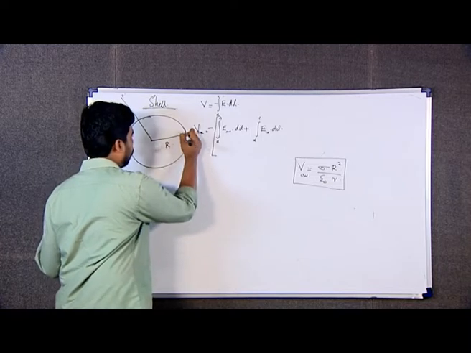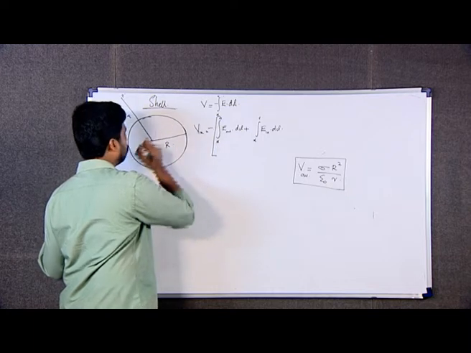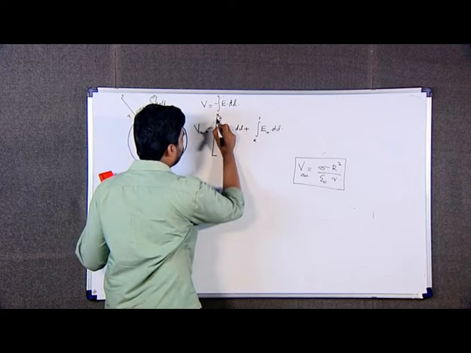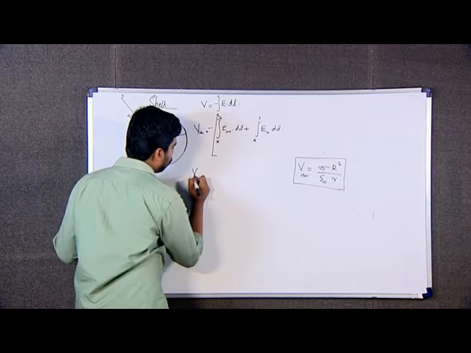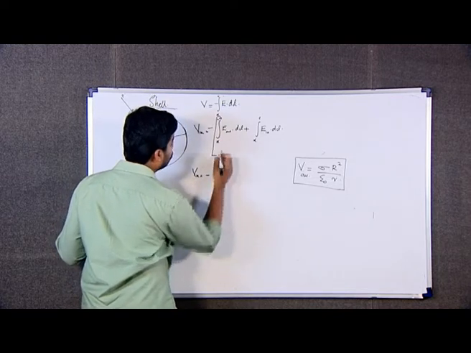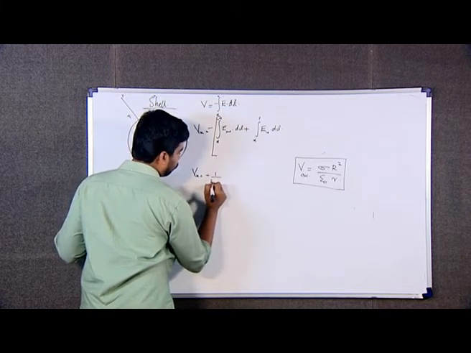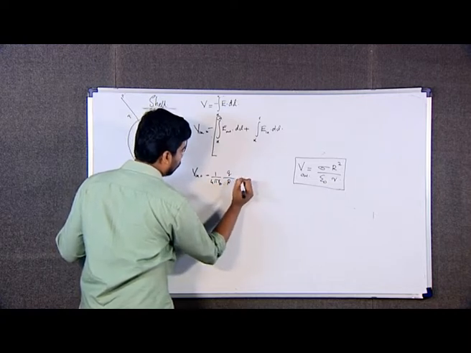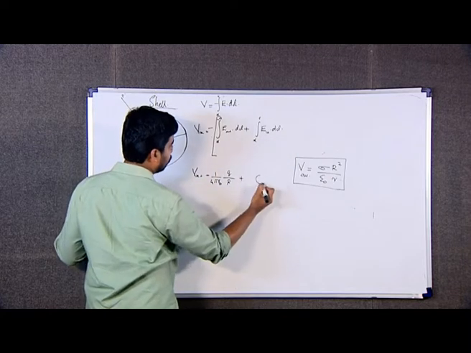Instead of this E out, I can take the limit as capital R. So, V in is equal to minus the integral, and on this integration you will get 1 by 4 pi epsilon 0 q by r, plus what is the value of the electric field inside the shell?